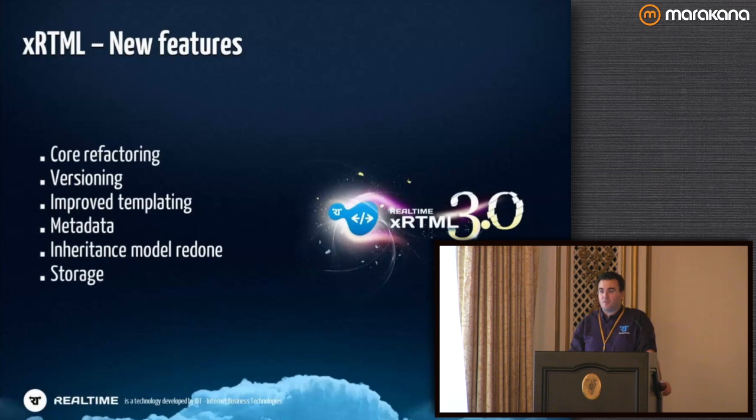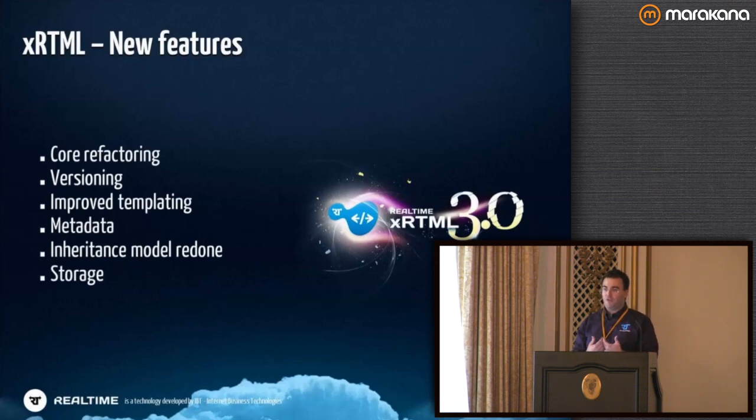We have a versioning system. We had a lot of developers in the past complaining about whenever a new version came out, and they would be using third-party applications over XRTML, they had a problem because some third-party applications only work with some older versions of XRTML, and they wanted to start using the latest version right now. Okay, and this was a problem because we weren't actually able to split these different versions, and we were forcing you to use only one.